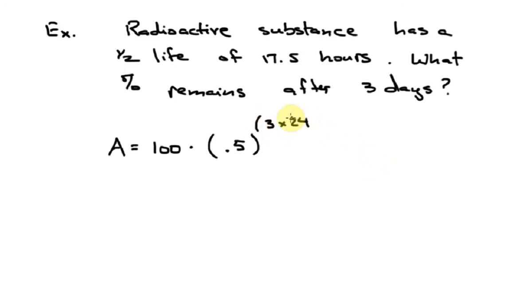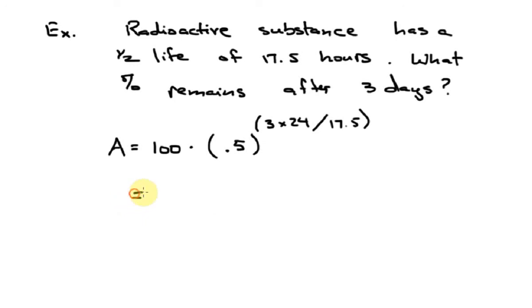So there's my total number of hours, and what I'm now going to do is divide that by how long it takes for it to do one half-life, which is 17.5. So that's going to be my correct number of loss periods here. I take my total number of hours and I divide by how big each half-life is. And then I know it's however many that is. I really don't know, but that tells me how many of these loss cycles we've gone through.